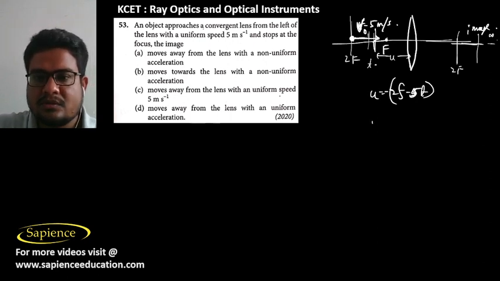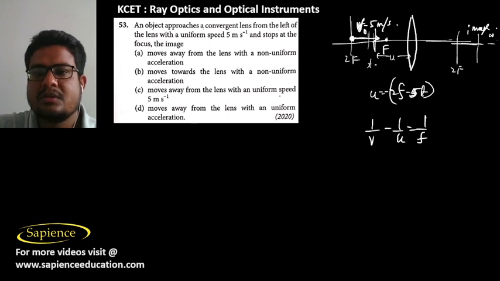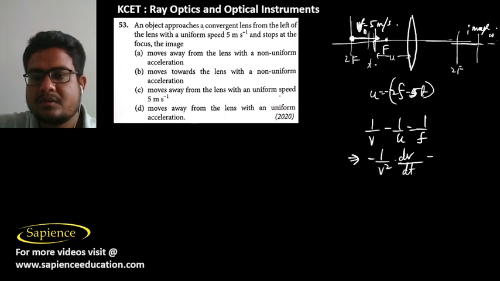We know that for the image, 1 by v minus 1 by u is equal to 1 by f. So if we differentiate both sides with respect to t, then we will have minus 1 by v square into dv by dt plus 1 by u square into du by dt, that will be equal to 0.